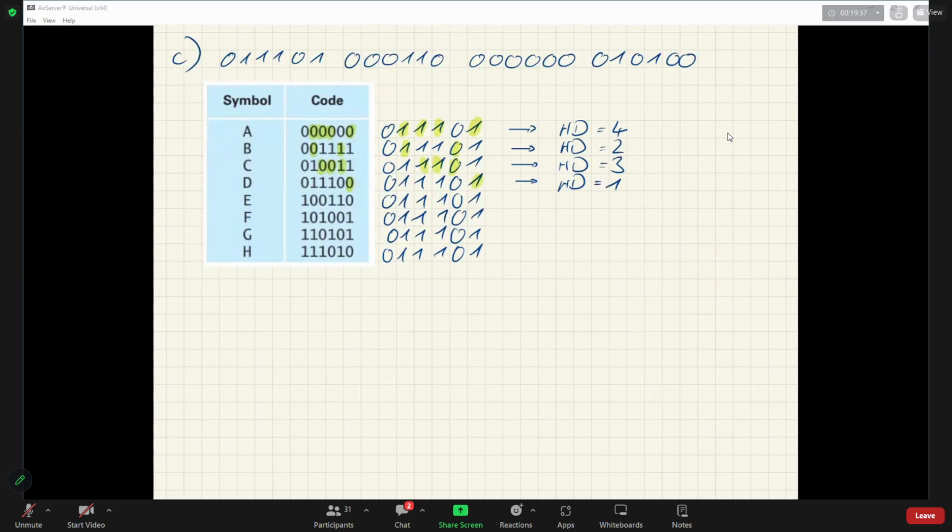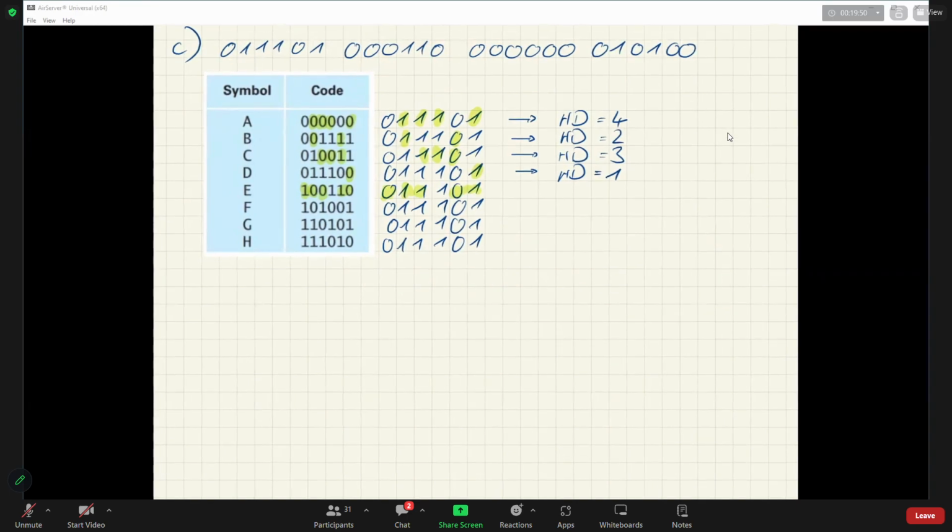Then we have 0, so here the Hamming distance is 5. Then for the next, the first bit is different, the second is different, the third is the same, the fourth is different, and the last two are the same.